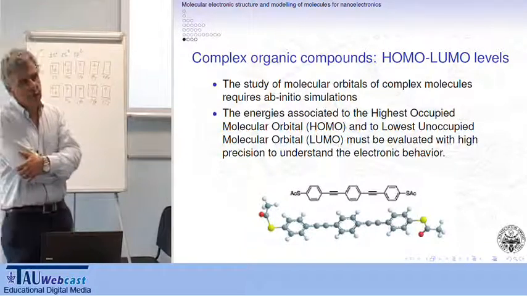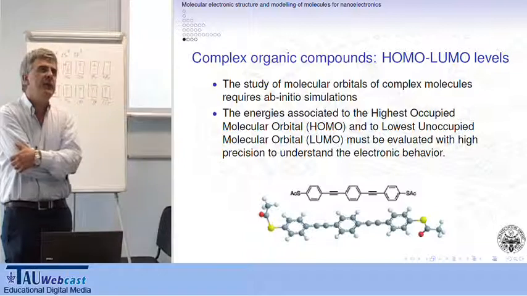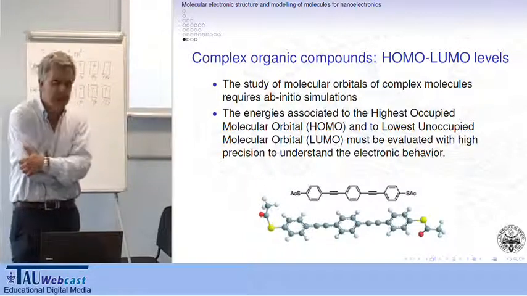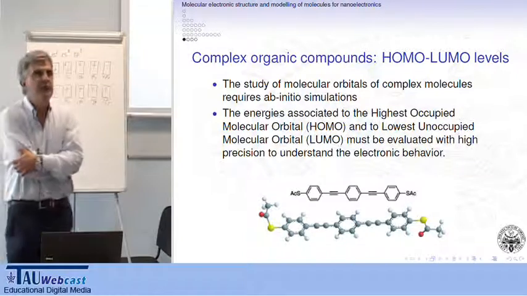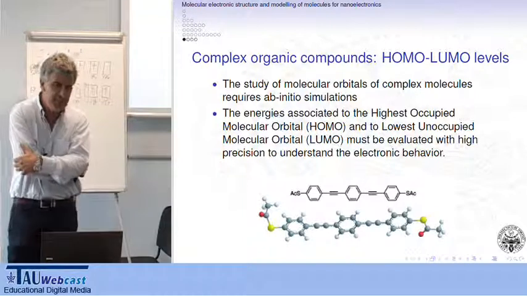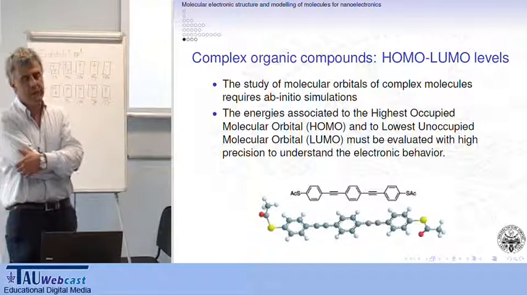We can have an idea of the general shape. We can understand how orbitals can be derived from the chemical structure, but it's very difficult to evaluate the energy levels associated with the molecular orbitals.